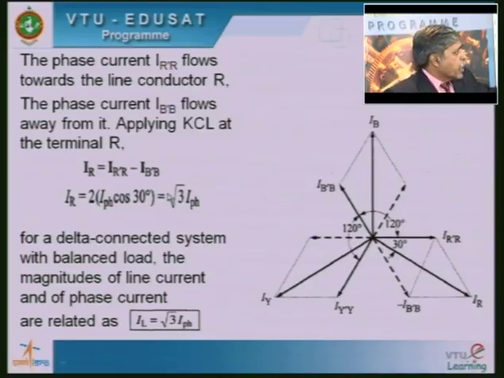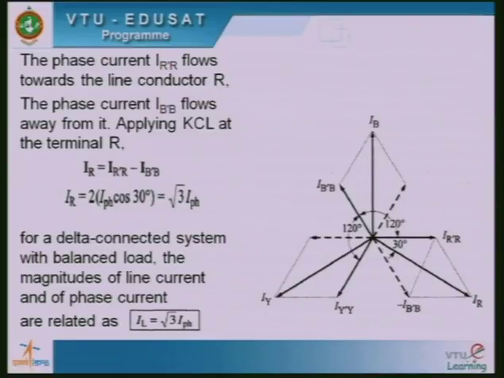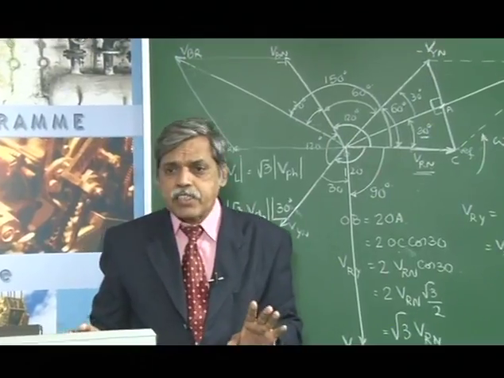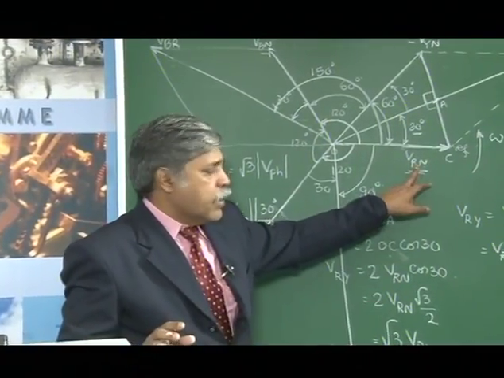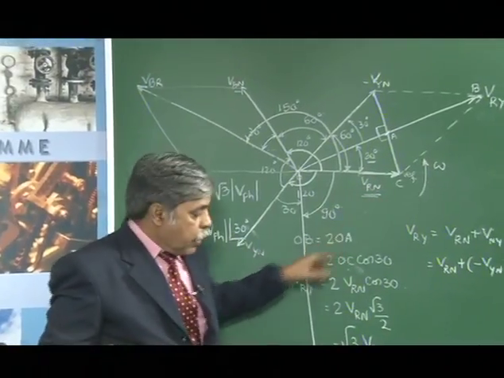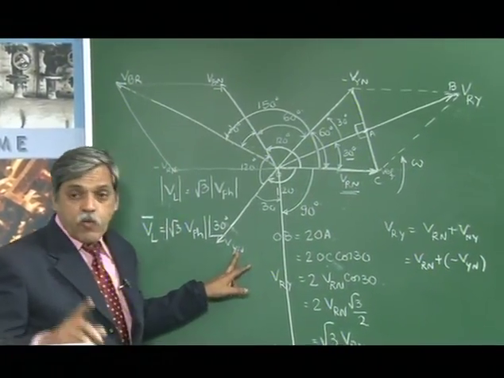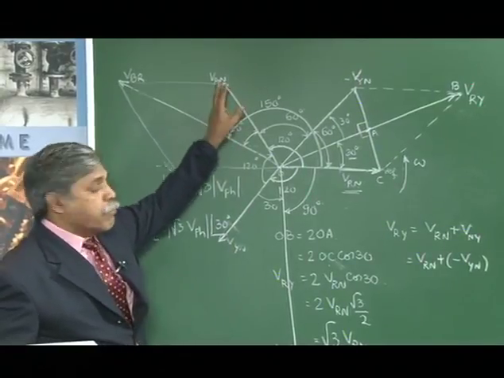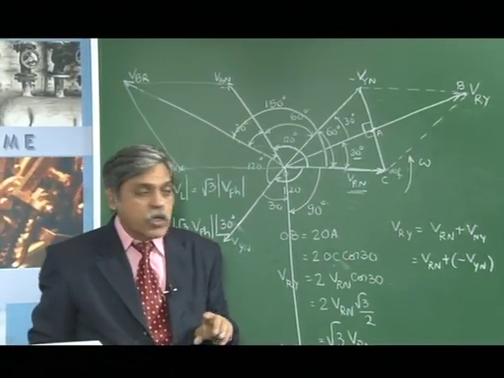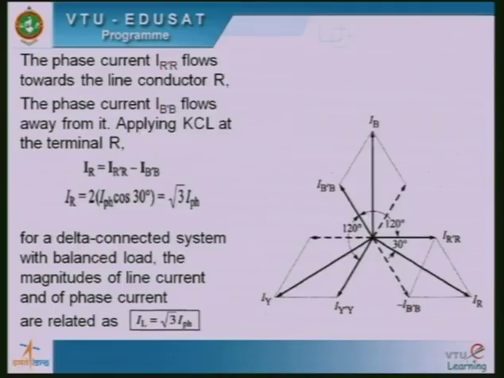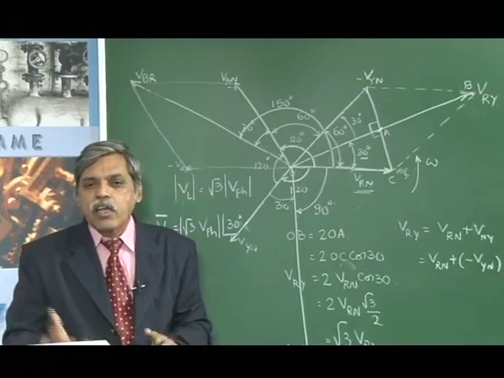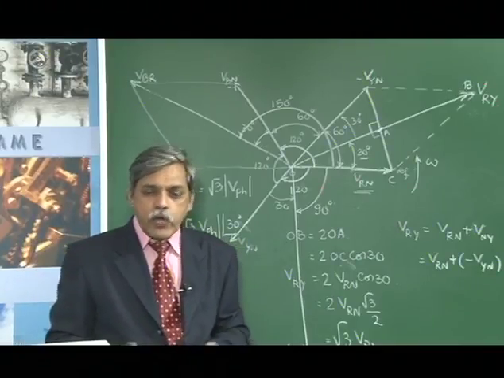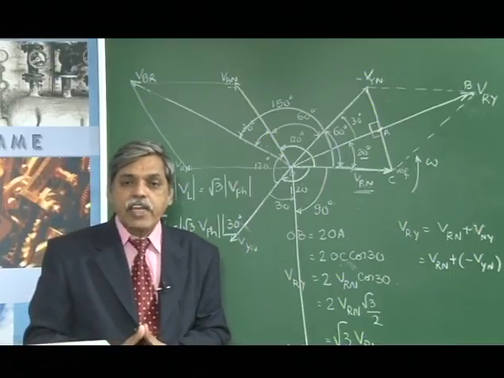The same argument I have given for the voltages can also be given for currents. What I have to do is, in this phasor diagram, replace all the voltages by currents. Replace VRN by IR dash R, VYN by IY dash Y, VBN by IB dash B, and you will get the phasor diagram for the delta connection. In the delta connection, the line voltage is equal to the phase voltage, and we need to identify the relationship between line current and phase current.